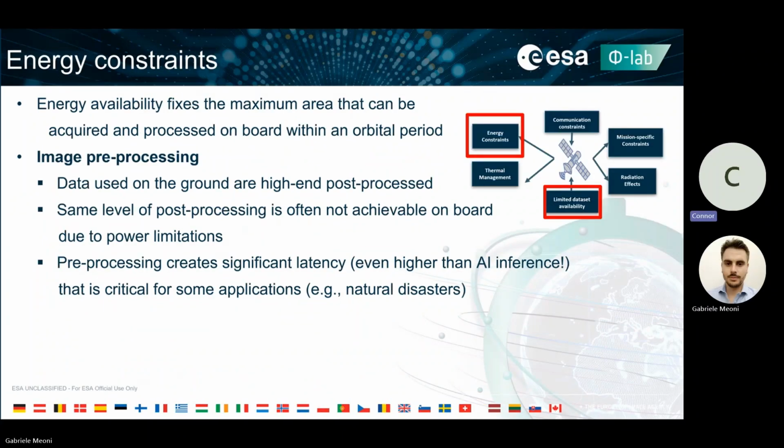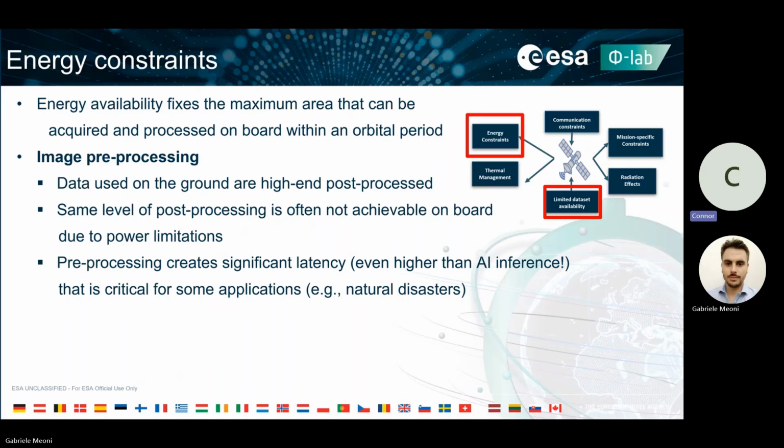Okay, but another big problem is the so-called energy constraints. Why are energy constraints a problem? As I told you before, the satellites have limited processing capabilities, and the energy that they are able to provide depends on the orbit, the solar power, the size of the solar panels that they have, and so on.